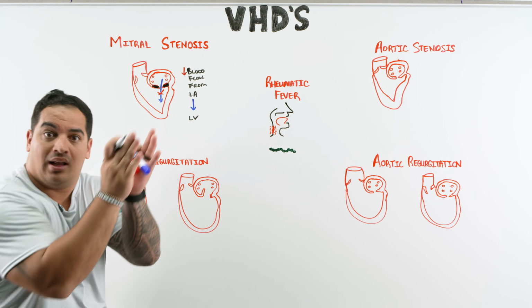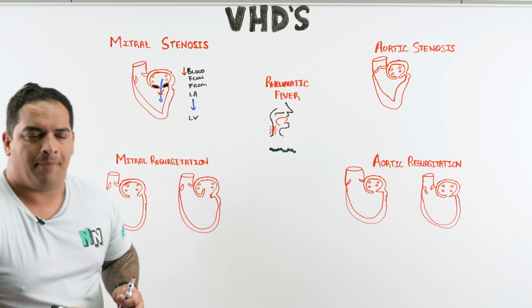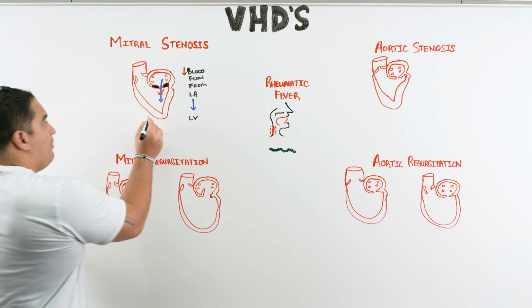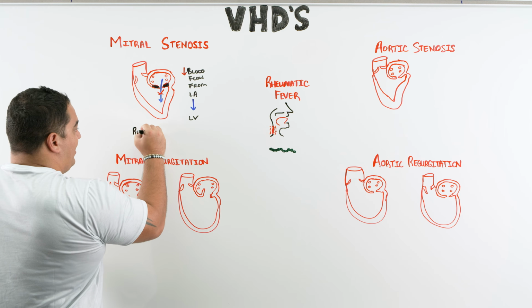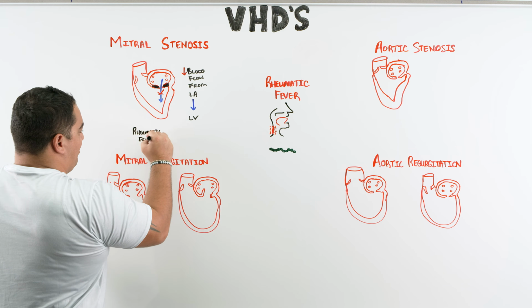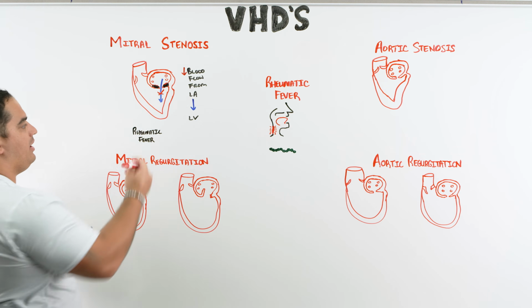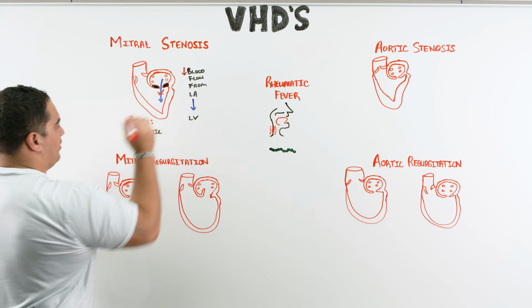Normally it should open and allow blood to go from the left atrium to the left ventricle. It's not opening properly. Why? By far, the most common cause of this is going to be rheumatic fever. So I will mention rheumatic fever a little bit later. This is the associated cause that is particularly associated with mitral stenosis.